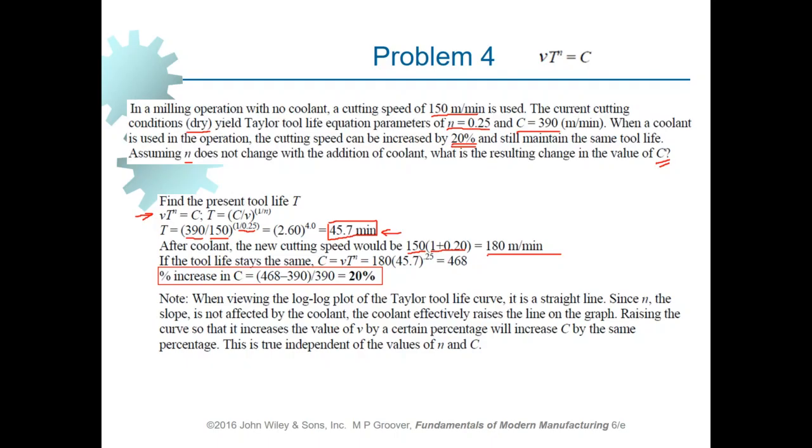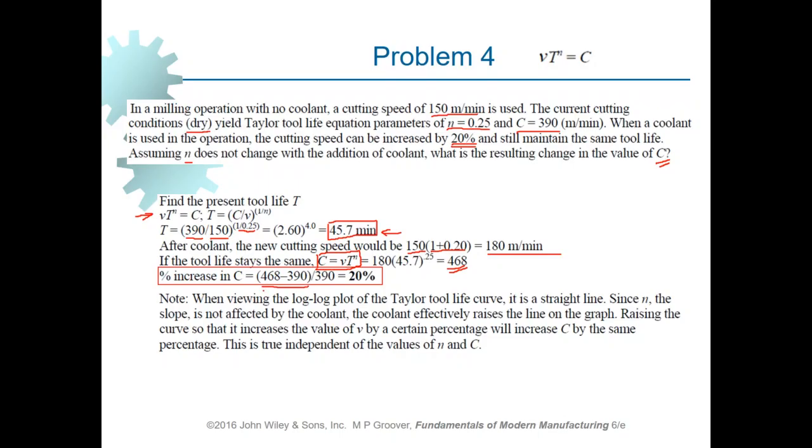We solve Taylor's equation for C, as presented here. We have the same value of tool life as it was computed, the new value of V, which is 180, and the value of N doesn't change. Substituting everything gives a different value of C, which is more than what it was. The value of C now increases to 468.